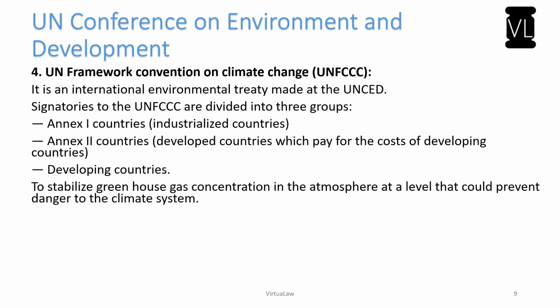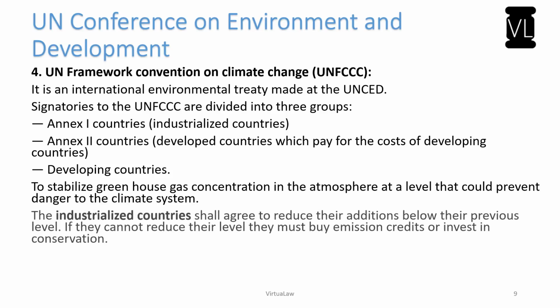So the major objective of this UNFCCC is to stabilize the greenhouse gas concentration at a level which would prevent danger to the climate. And what is expected as per this UNFCCC is that the industrialized countries should agree to reduce their emissions below their previous level.